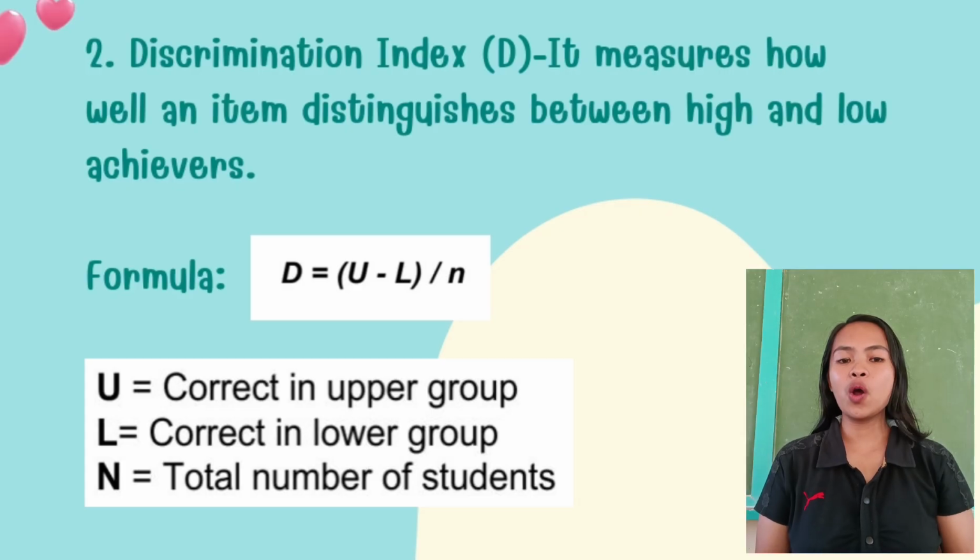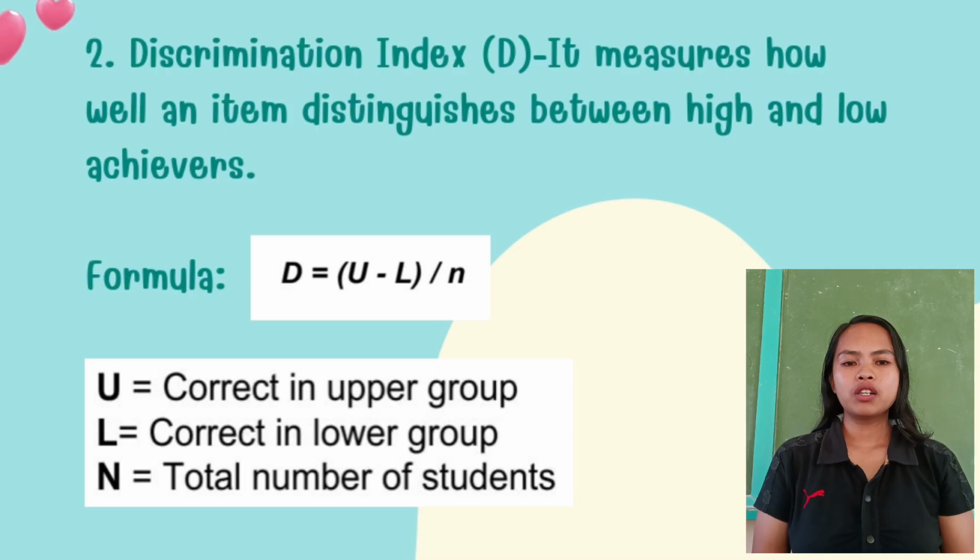It measures how well an item distinguishes between high and low achievers. As you can see here on the presentation, the formula is D equals U minus L divided by N, where U is the upper group minus the lower group, and the N in that formula means the 27% of the upper and lower group.